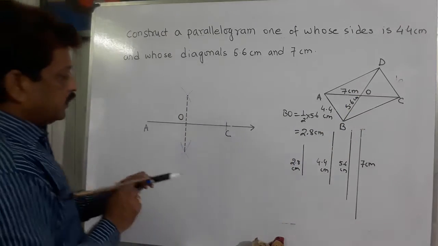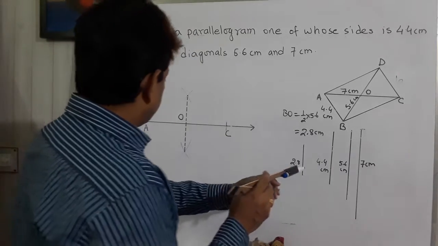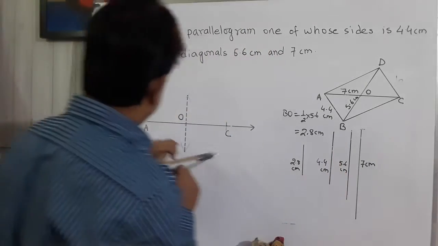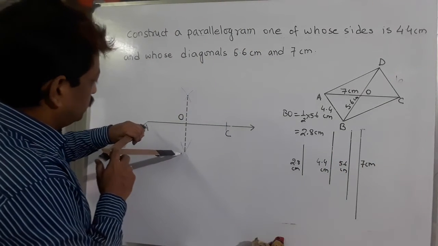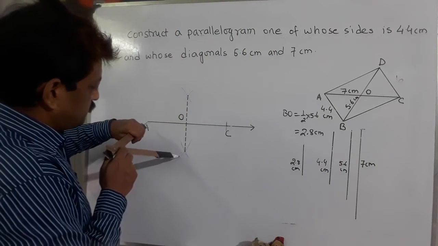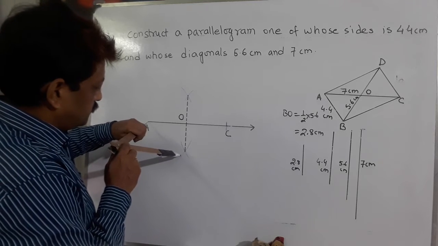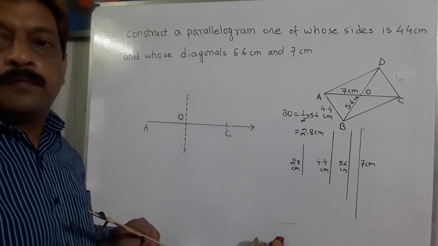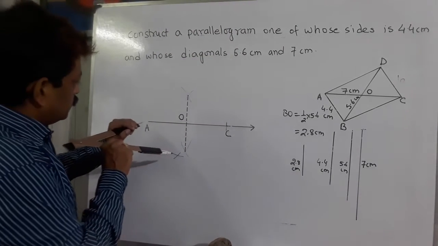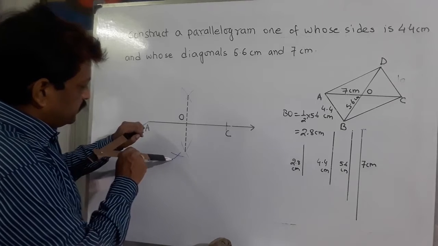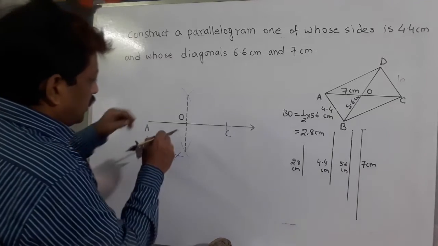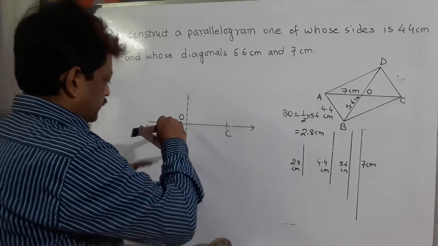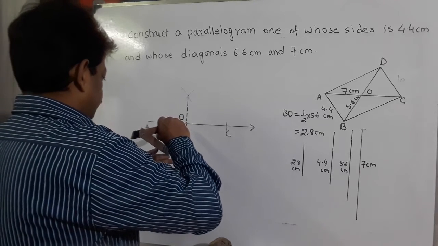Okay, and then I have to draw another arc whose length is 4.4. So this is 4.4 centimeter and this arc is 2.8 centimeter. Okay.